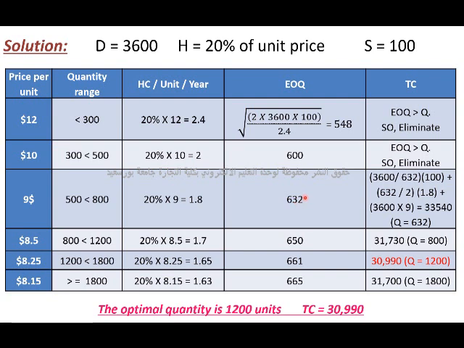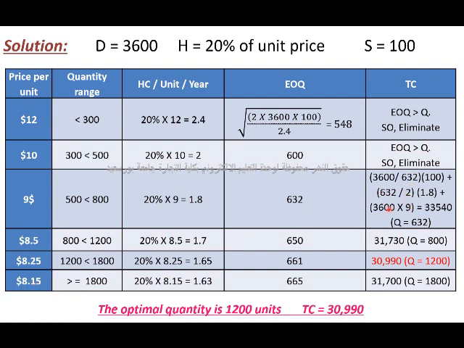So we start from here. We need to calculate the total cost for price 9 and the lower prices as well. What about the above? Ignore the above here. So we start from here until 8.5, 8.25, 8.15. As you can see, the total cost here.